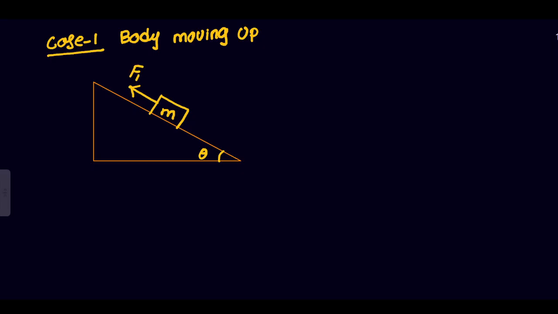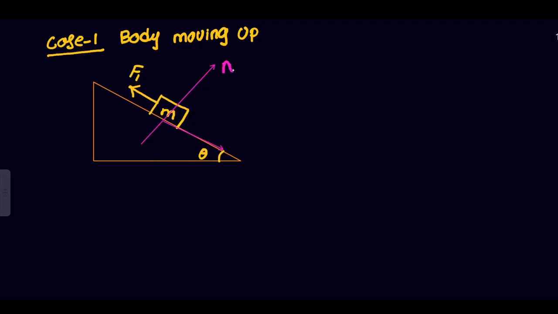Now tell me, for a body to move up, as we know from the analysis on the inclined plane, first we need to resolve into components. And here this is the acceleration, downward direction.